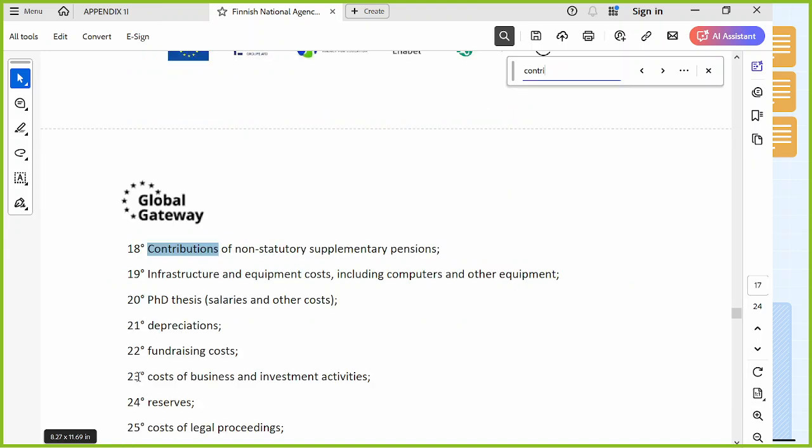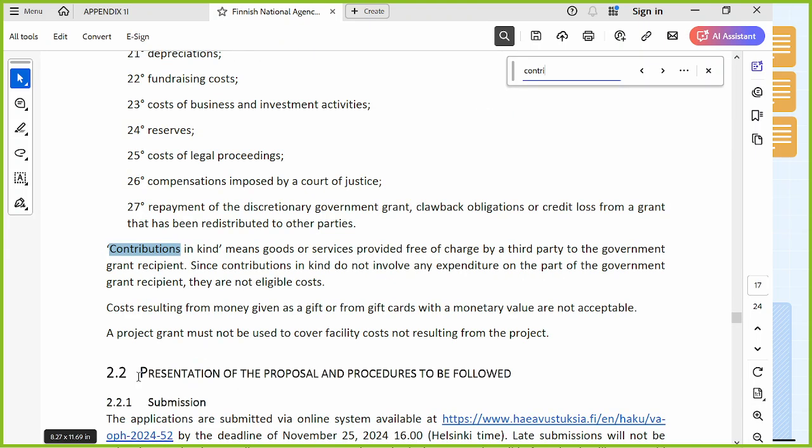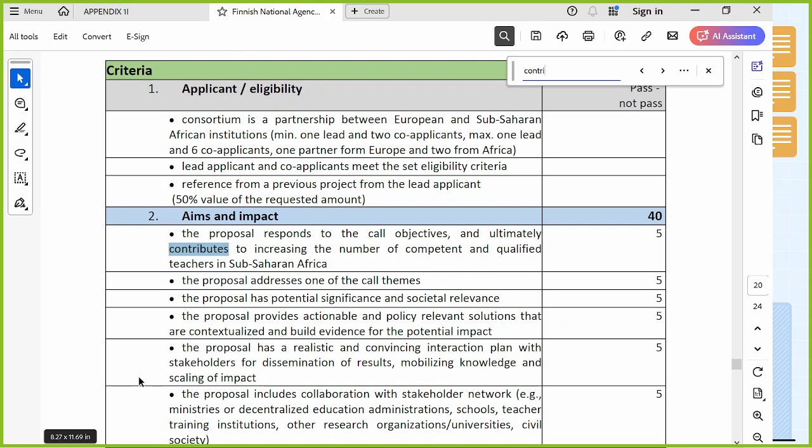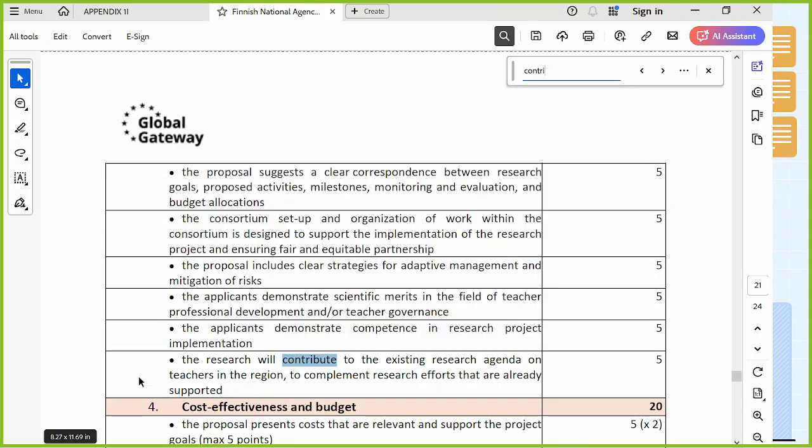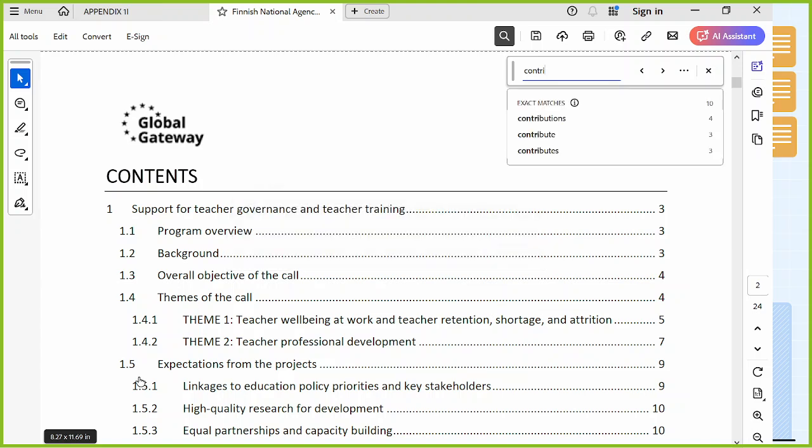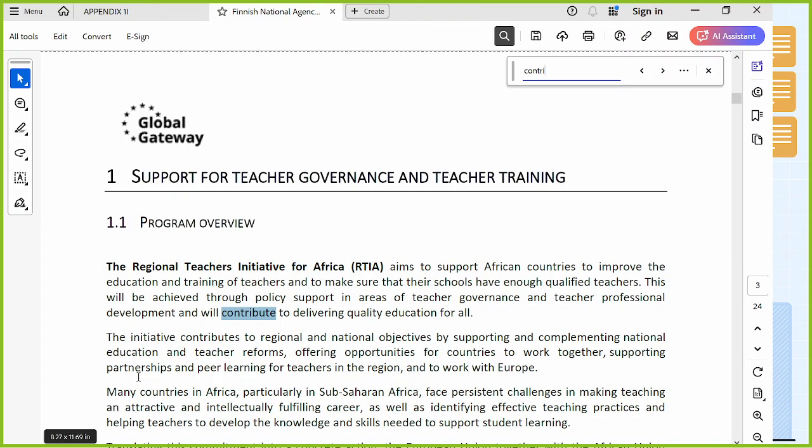So normally the own contribution we can put in terms of staff cost. So your staff, for instance, Professor Gatune will take maybe 200 hours to work on the project, but then 10 or 20 hours of his time is on the institution's contribution.